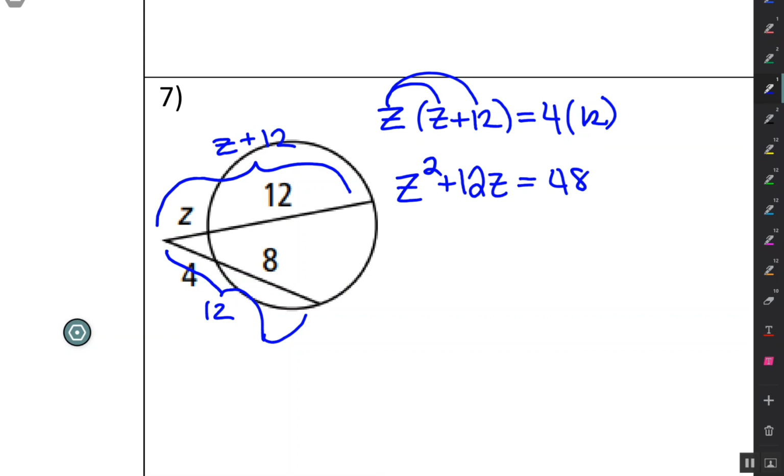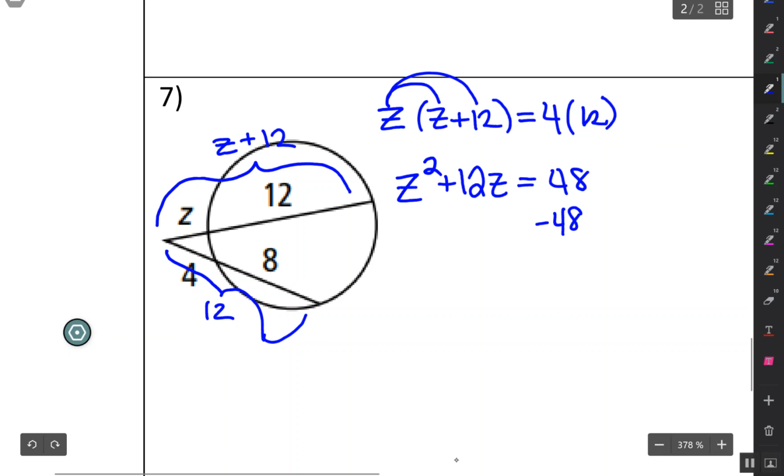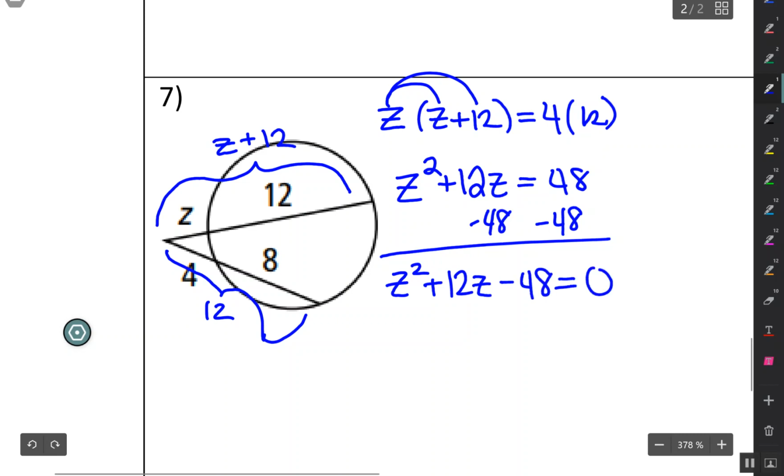Okay, so when you have that quadratic, set it equal to 0, see if you can factor it. If you can't, you'll have to use the quadratic formula. So I'm going to subtract 48 from both sides. I'm going to see if I can factor it.